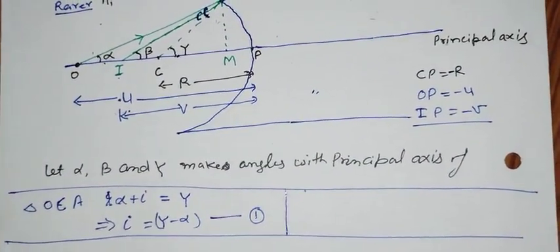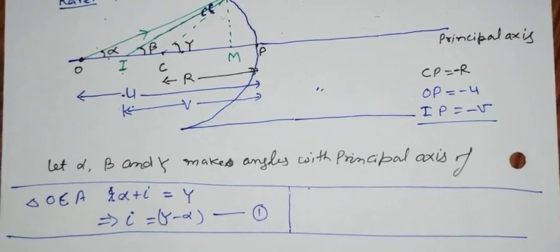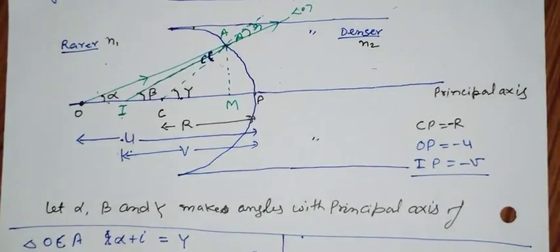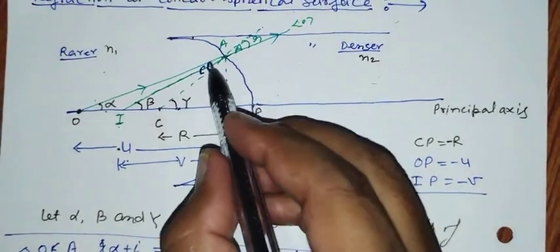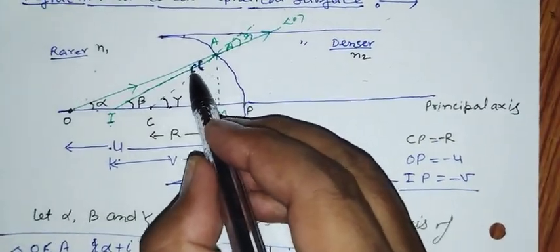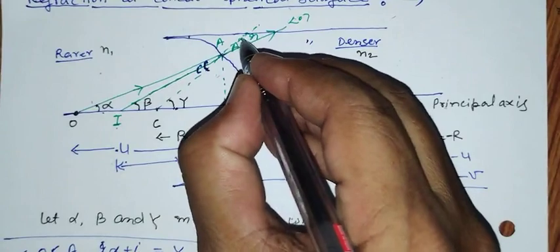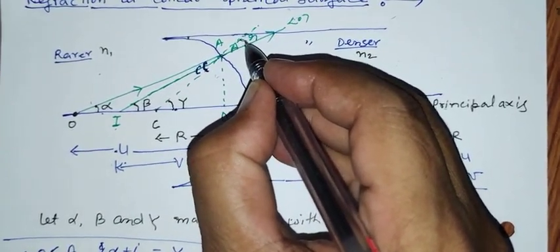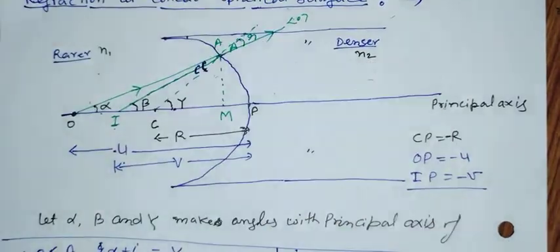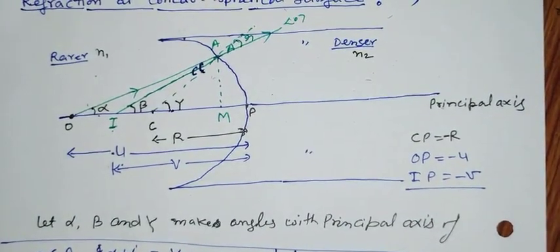This is the value of i. Now see, for r, you see here, this is angle r. So for angle r, what is required to do?